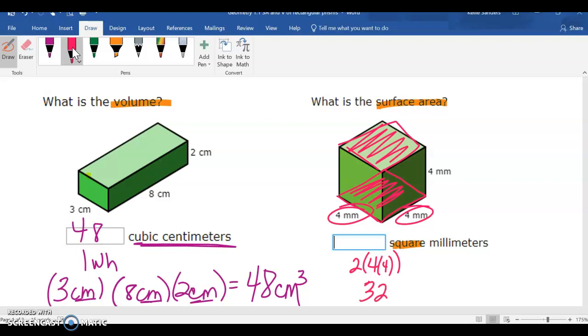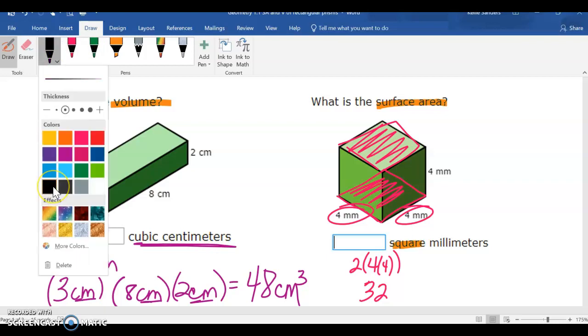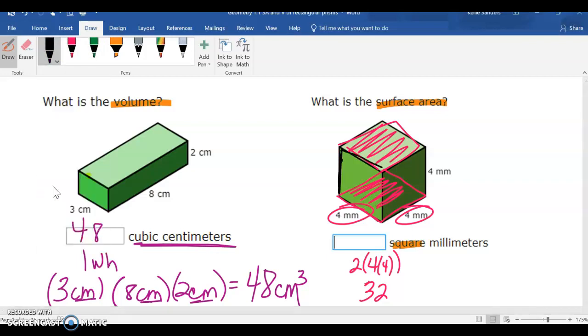So the areas of the top and bottom total 32. Then we have the front side of it, and it'd be 4 times 4, and then you have the back of it, so there are 2 of those, and because the numbers are the same, we're going to have 32 again.